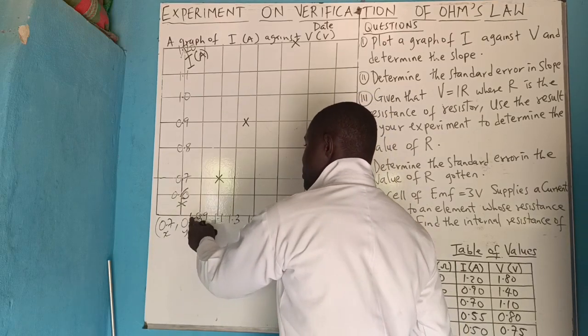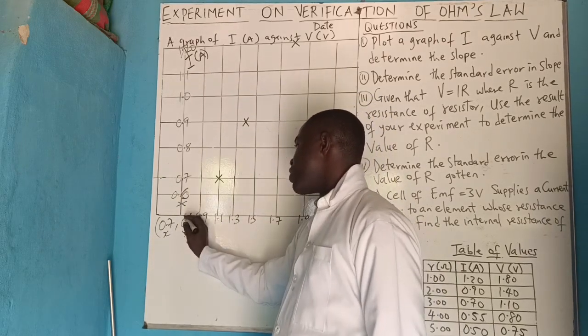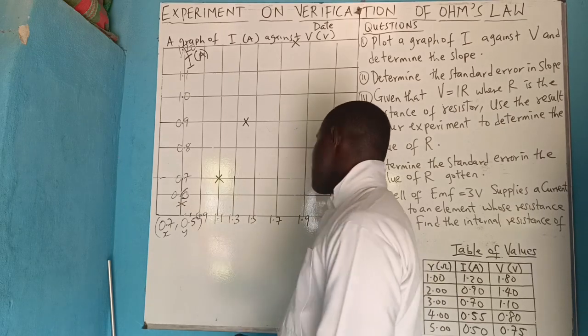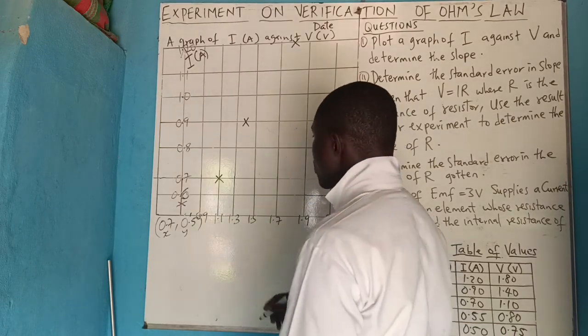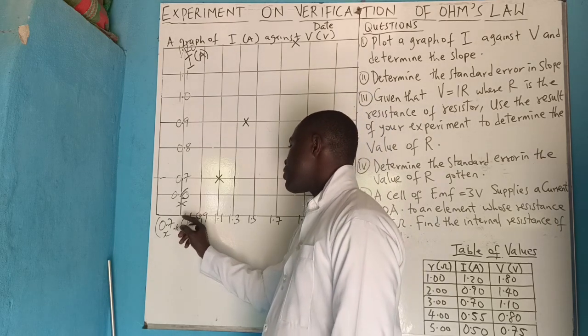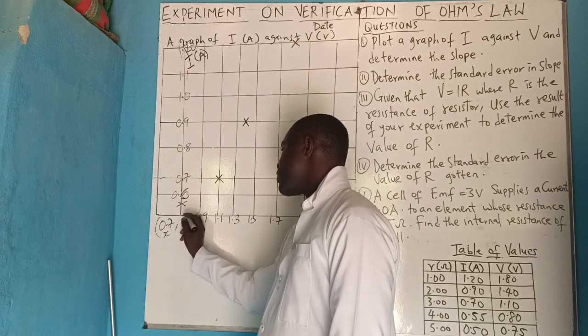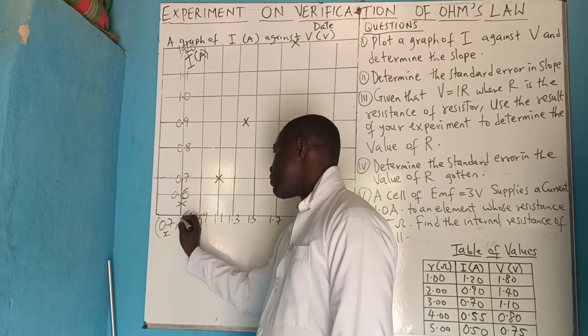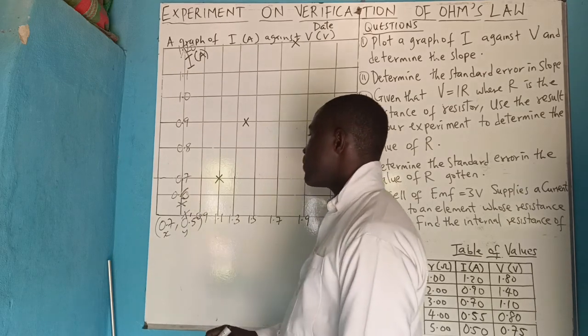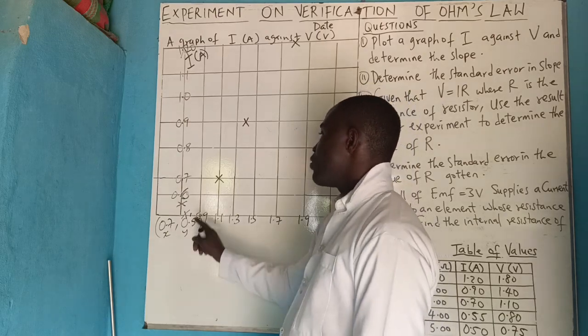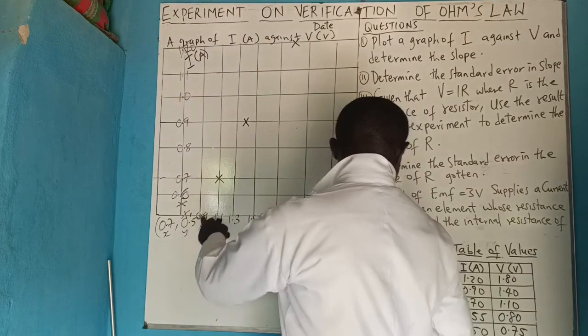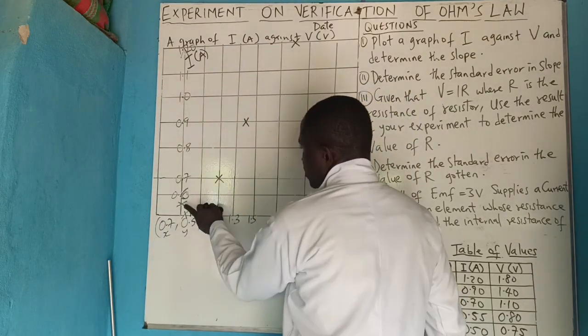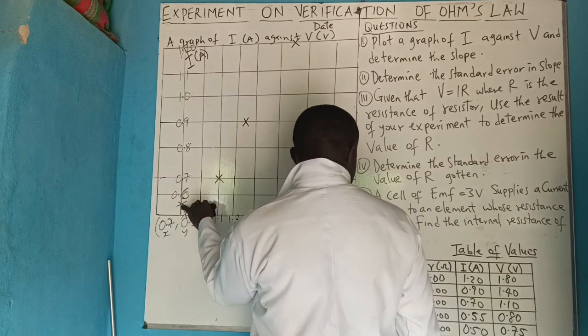Here is 0.8. So 0.55 should be somewhere here. Then I'm to locate it with 0.5. Here is 0.5.